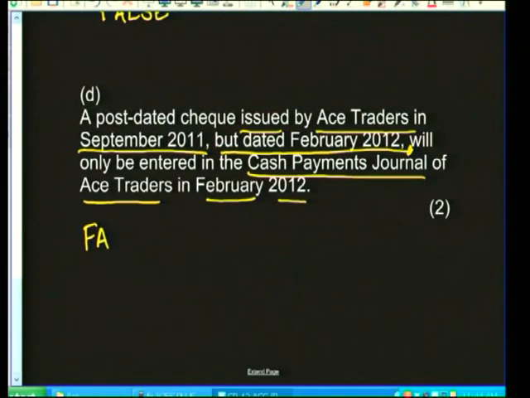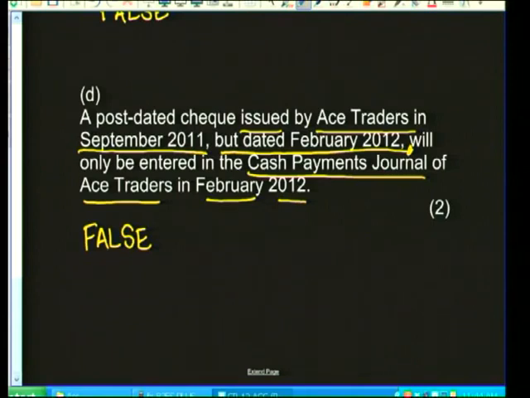What do you think? The statement here is false. Why is it false? A post-dated check that we issue will always be entered in the month that the check has been issued. Let me repeat that.